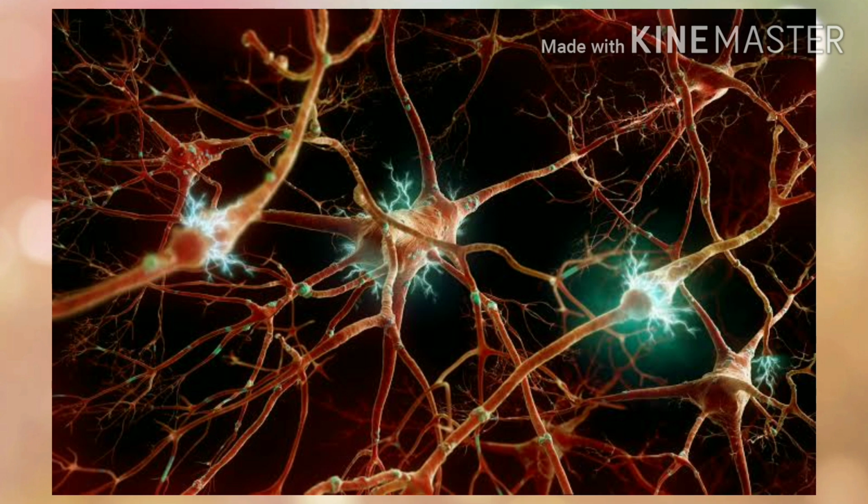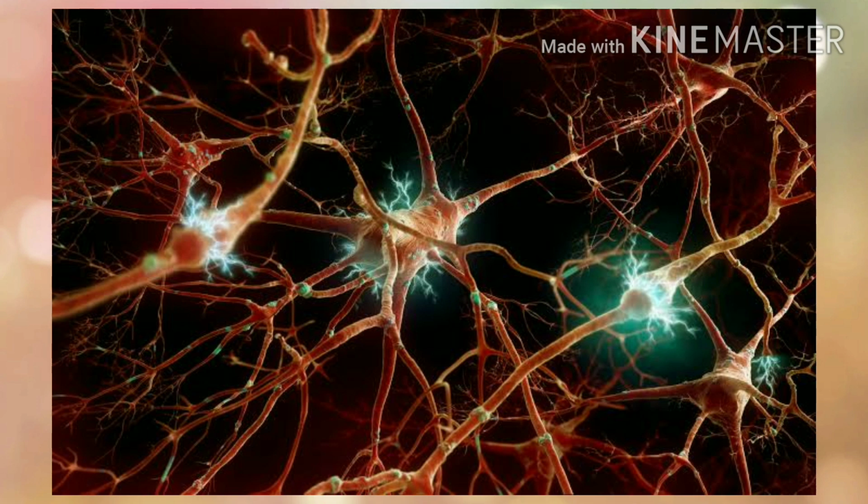There are millions of neurons in the body, and they help to carry impulses or signals all over the body. The impulse is transmitted from one neuron to the adjacent neuron.